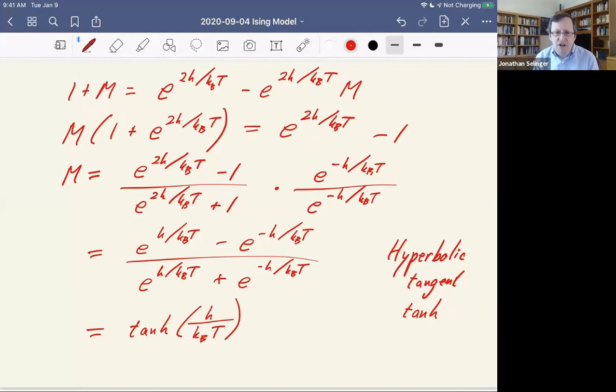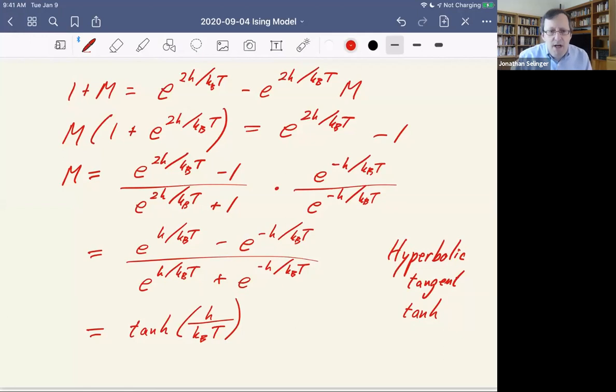And the reason that I like this method is that it goes along with a picture of minimizing a free energy, right? That we had the free energy plot that I showed you in Mathematica a little while ago. And this is showing, you know, we search for the minimum. And here's the minimum of that free energy plot. Right? And it's something which responds to the applied magnetic field.